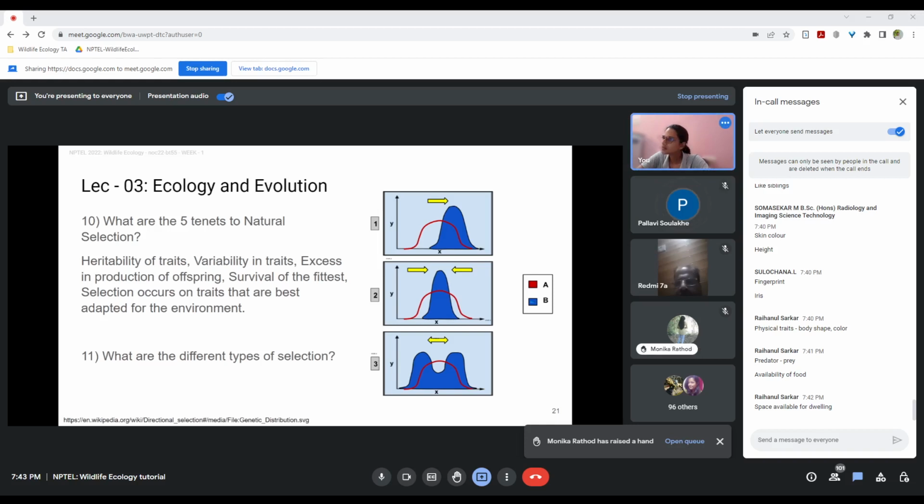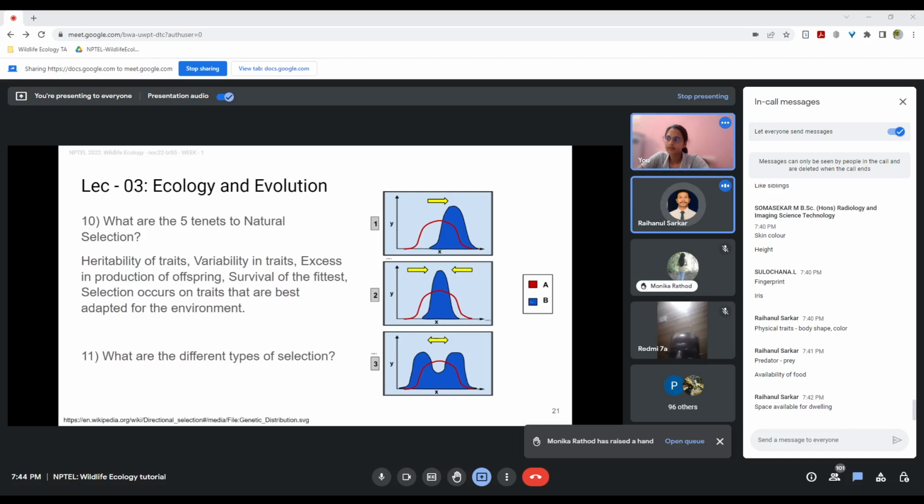So what is A and what is B, the red line and the blue? Directional selection is when one specific character is favored over the other characters, and the entire subsequent generations tend to have that selected trait. Yes, that is correct.